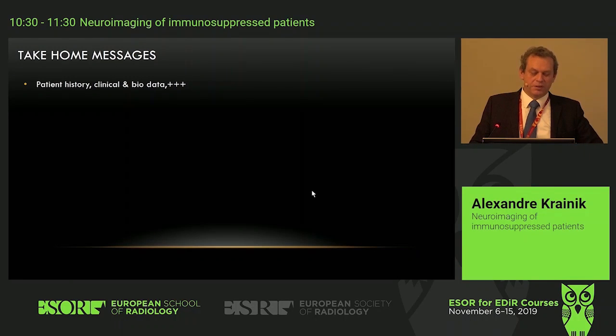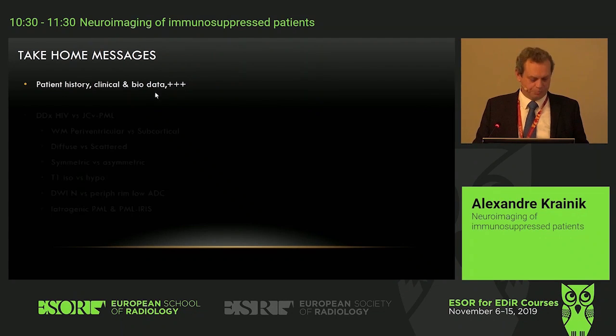Then remember, in any case, especially in neuroradiology and radiology in general, but especially when you have an immunocompromised patient, you have to take into account the patient history. It's very important, and to have the maximum of clinical and biological data.